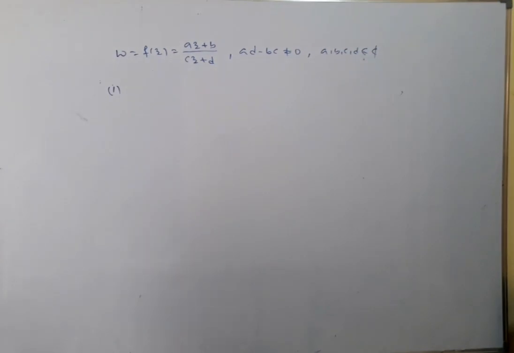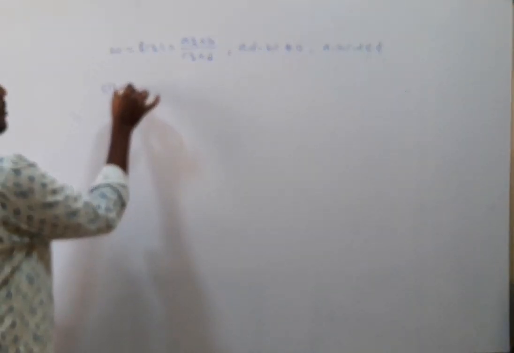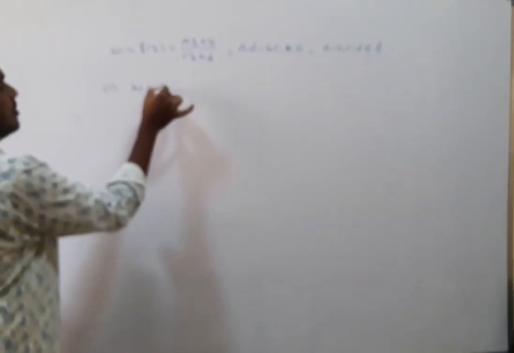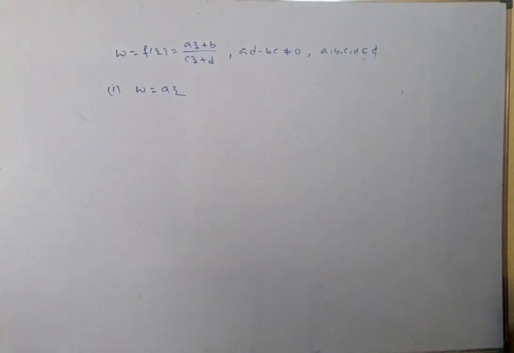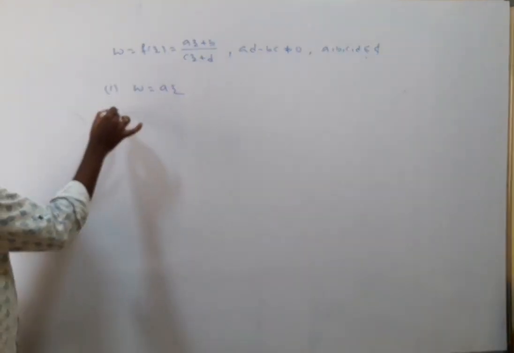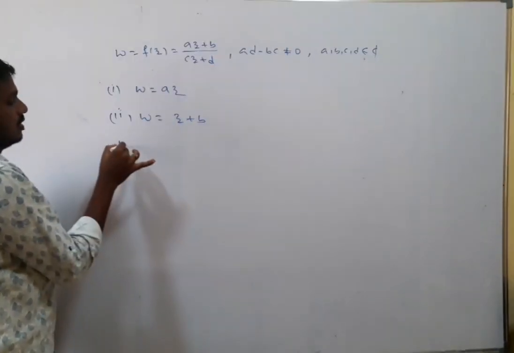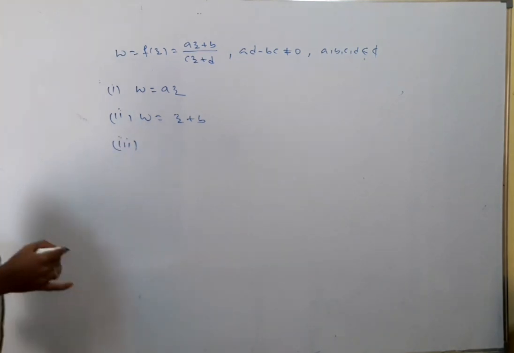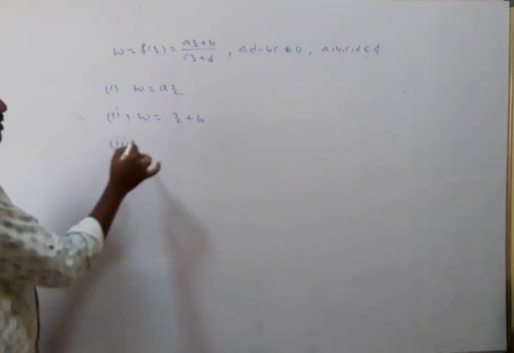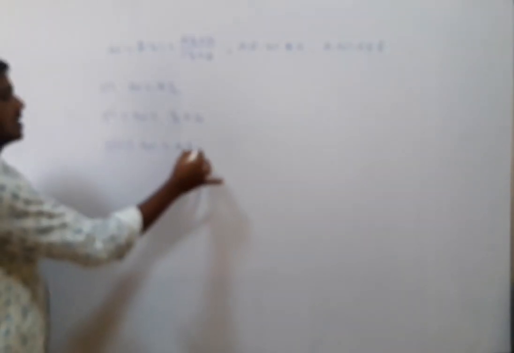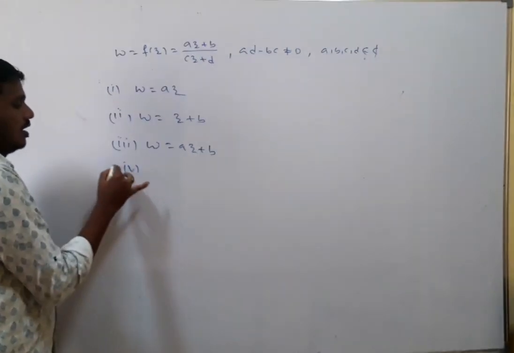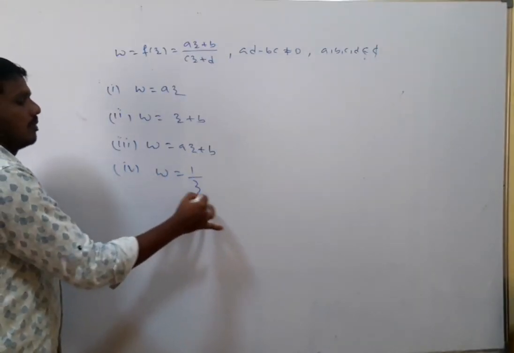First, w equals az. Second, w equals z plus b. Third, w equals az plus b. And fourth, w equals 1 by z.